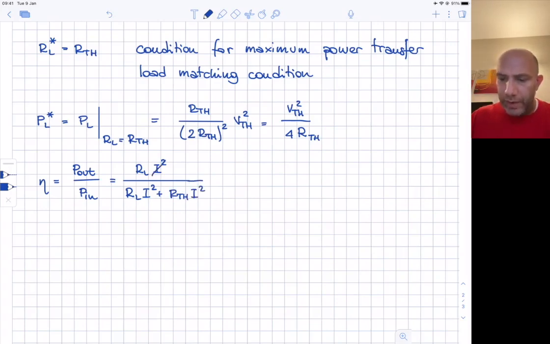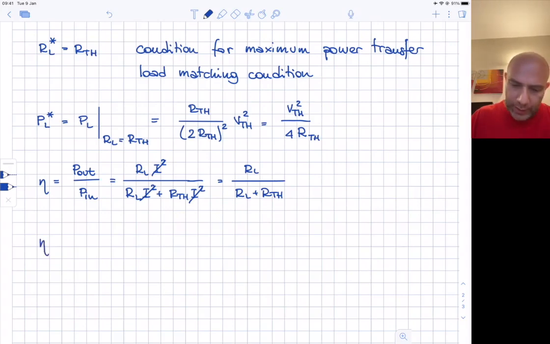We can simplify I squared and we get RL divided by RL plus RTH as the value of the efficiency.